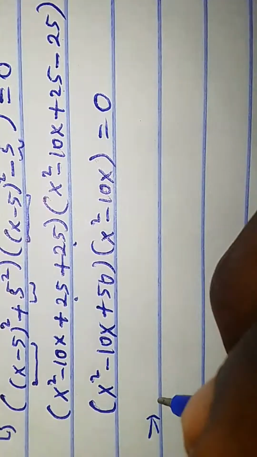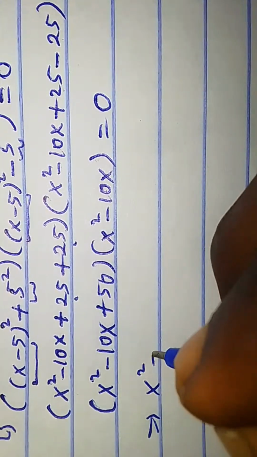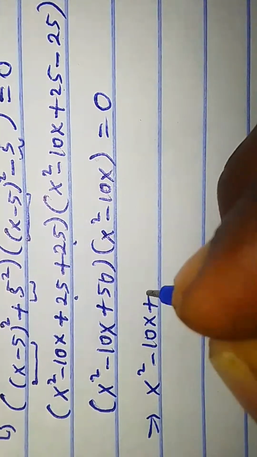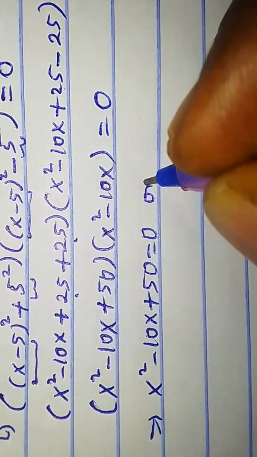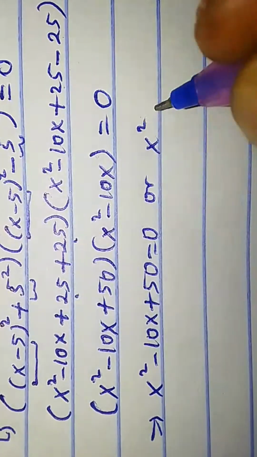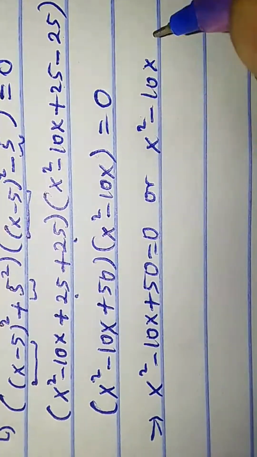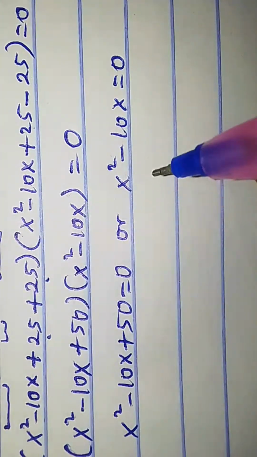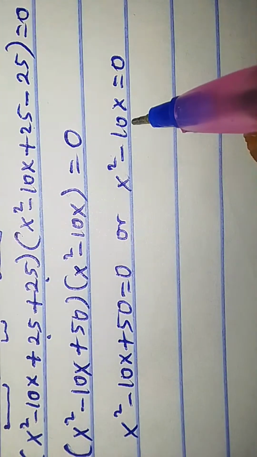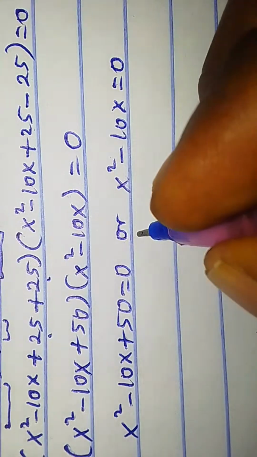This implies that x² − 10x + 50 = 0, or x² − 10x = 0. Let us focus on this equation first. Let's separate it.